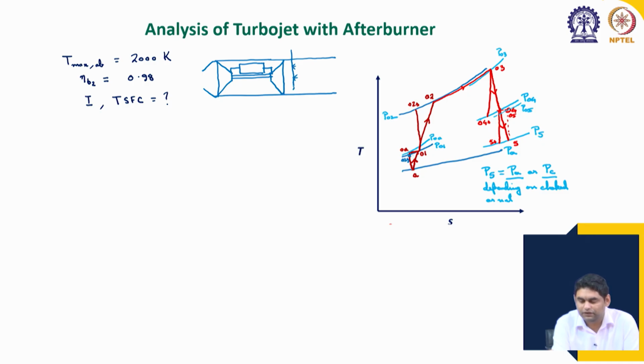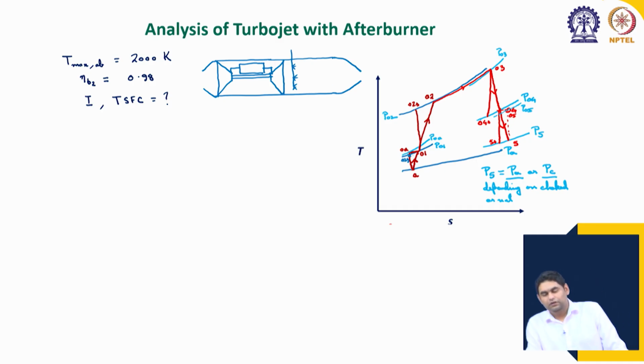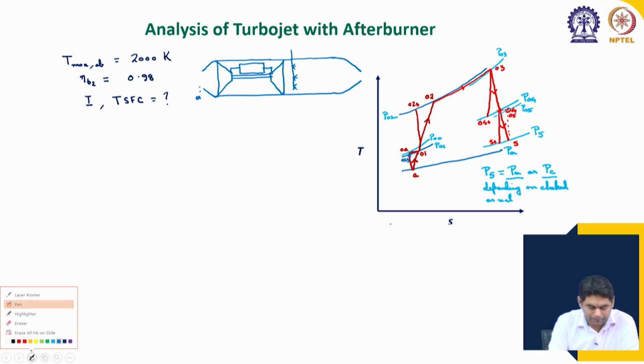This represents fuel injection in the nozzle. This additional length of duct allows sufficient time for the afterburning process. This is state A outside. Then after the diffuser we had state 1.